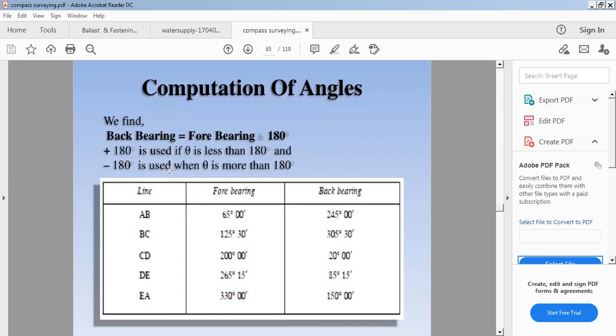Okay, is it clear? First of all, AB, that is 65 degrees, and the back bearing is 245 degrees. In the same way, all the readings are given, forebearing and back bearing.